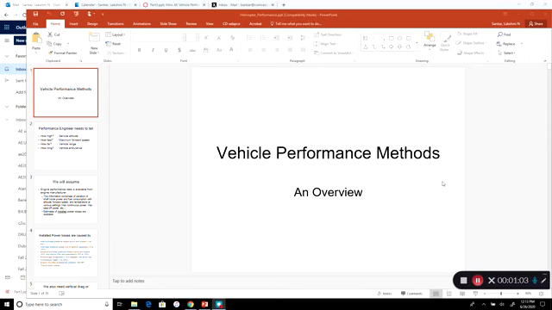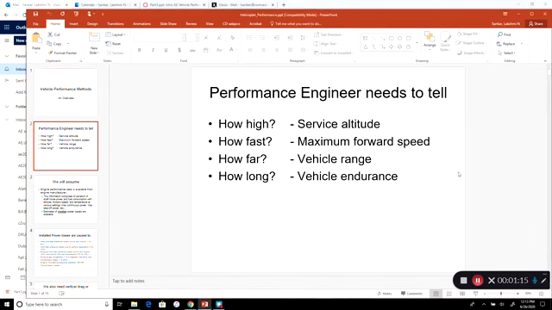But right now, let's look at how we use this information to assess the performance of a vehicle. Vehicle performance is done from the following perspective. We want to know how high we can fly, either an absolute ceiling or a service ceiling.